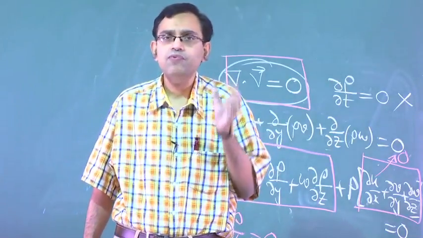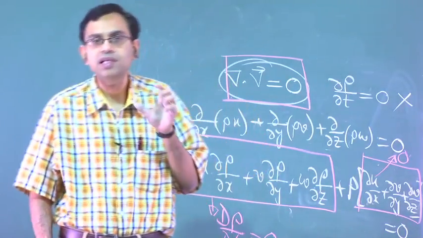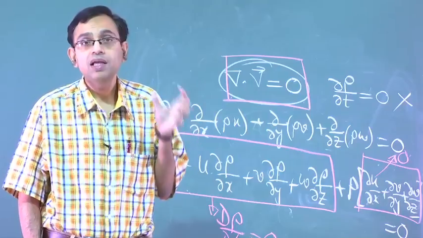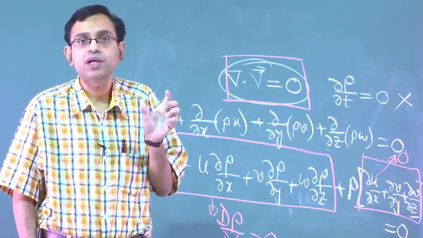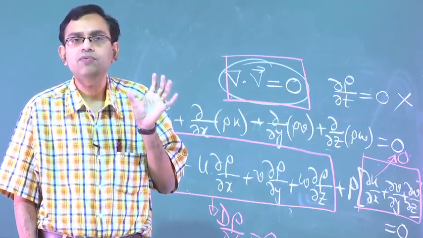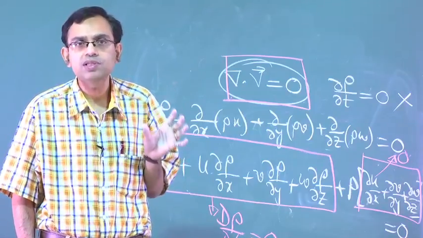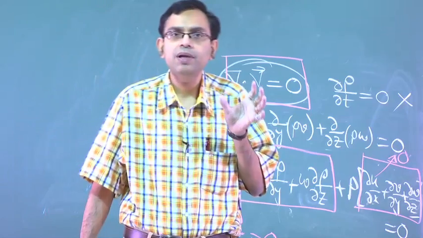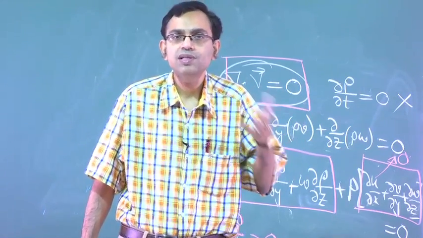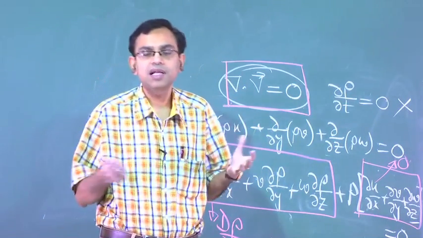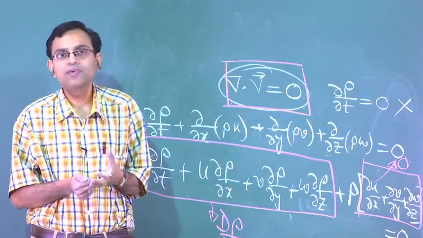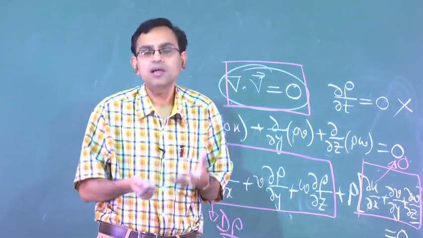The incompressible flow terminology does not come from density constant or density variable. It comes from the kinematic constraint that the volume element chosen in the fluid does not change in volume. So, it is a kinematic condition that the volume does not change, instead of considering density, which is a fluid property.